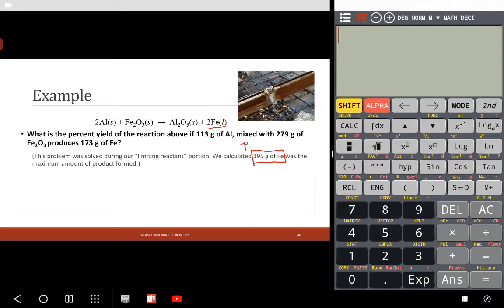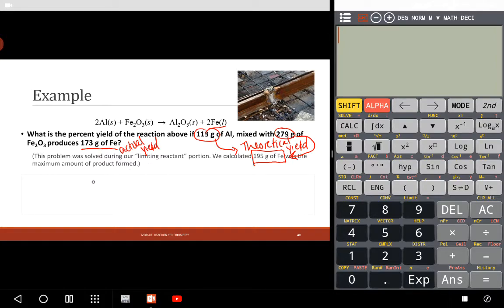Now we know that this is the theoretical yield. Based on those masses, this is the mass of a product, and so this is our actual yield.